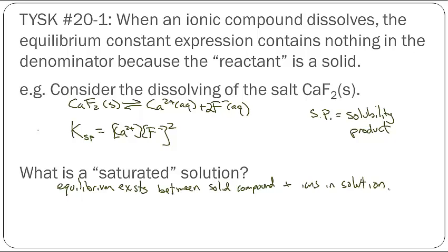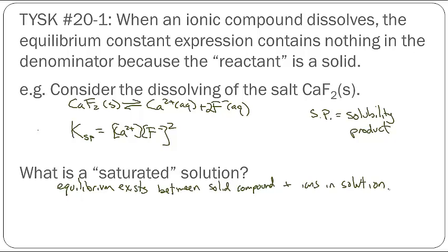Okay. So guys, Nora, why is it not going to shift anything at all? Yeah, solid CaF2 is not in the K equation. So when you add more solid CaF2, it does nothing to a system that is already at equilibrium.